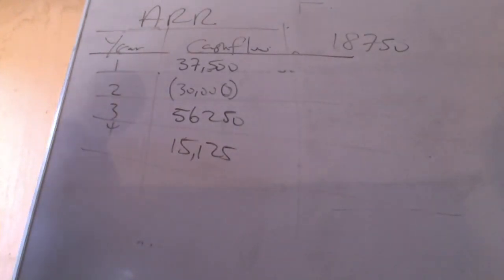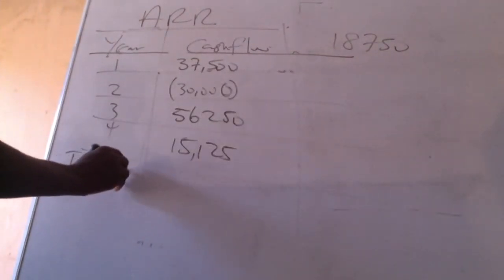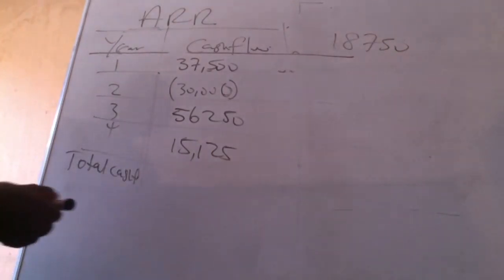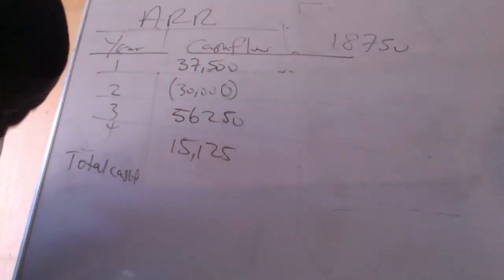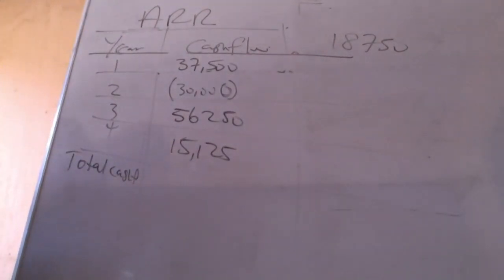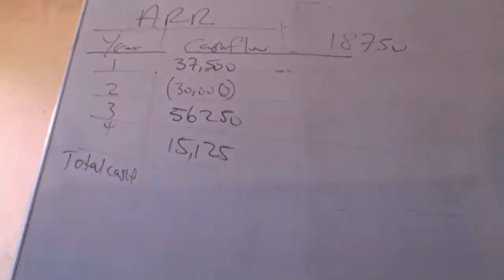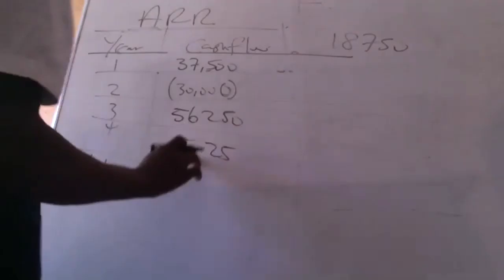Take notes. Please sum them up. So that's the total cash flow. Then you less the depreciation. Sorry, it is 15,625.